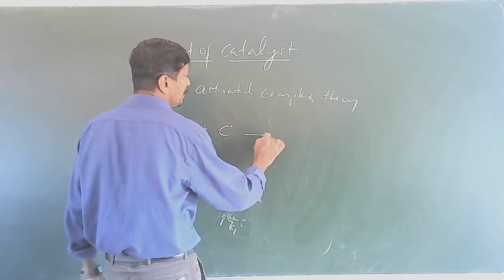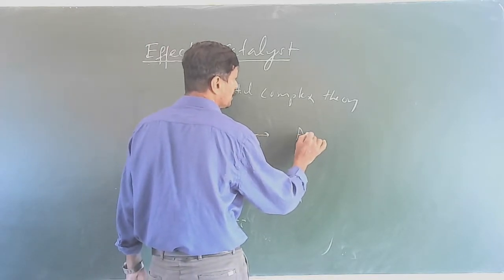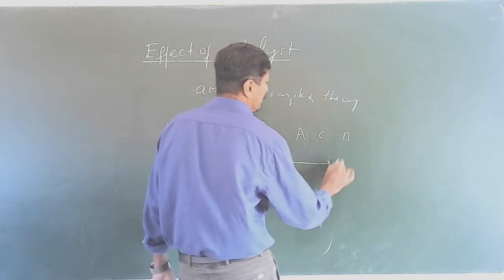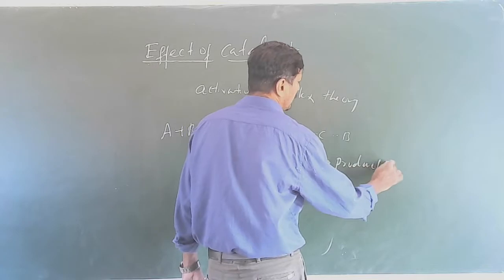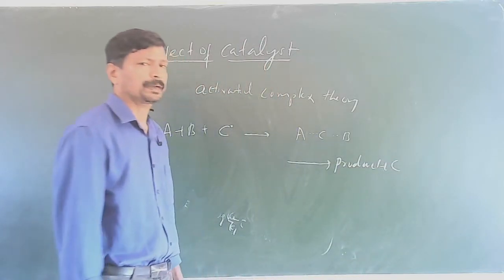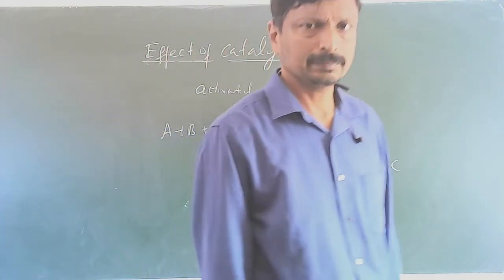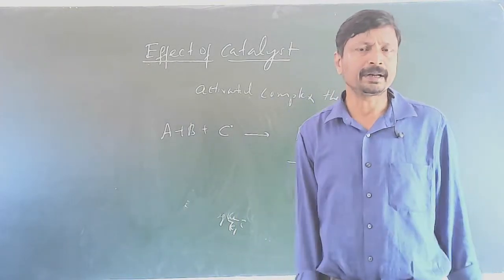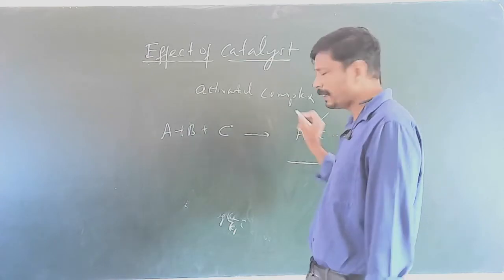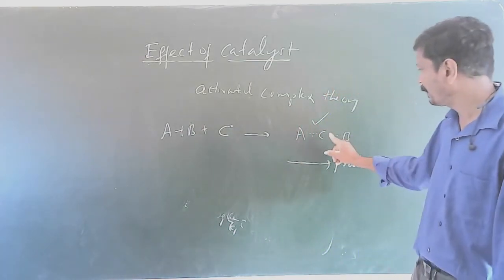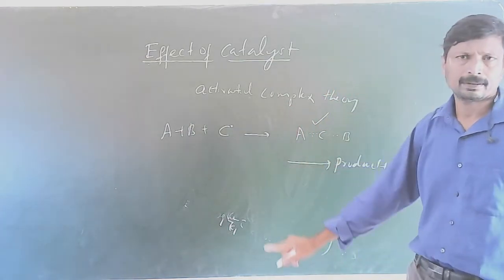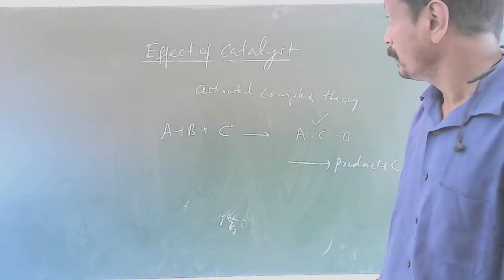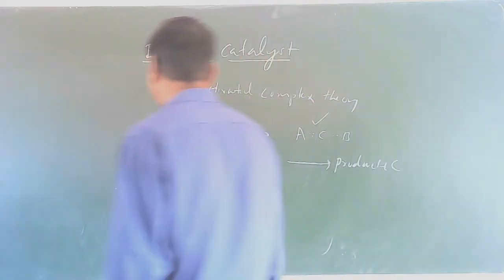It forms a temporary bond with the reactant, and finally decomposes to give the product and the catalyst. This is called the activated complex theory. It is a very short-lived complex intermediate. The catalyst has a temporary bond with the reactant, and finally it breaks up to give the product.